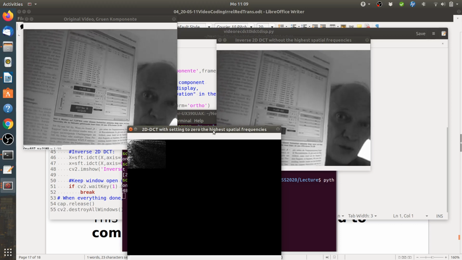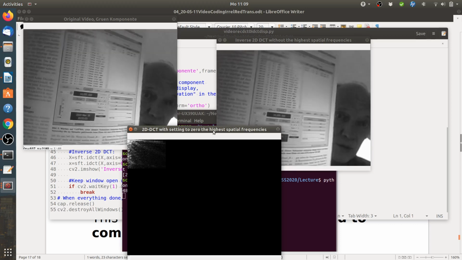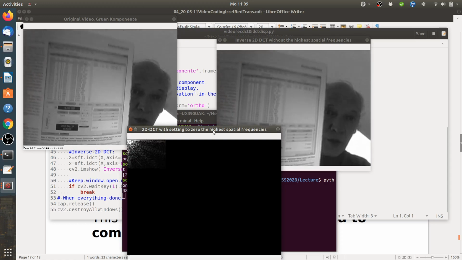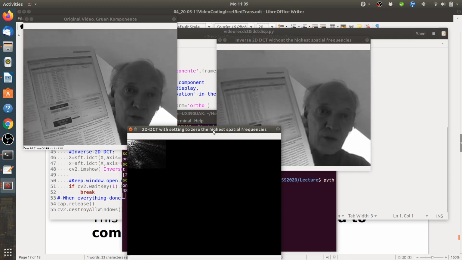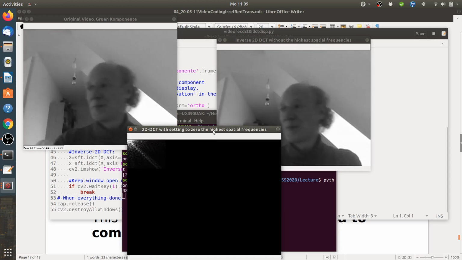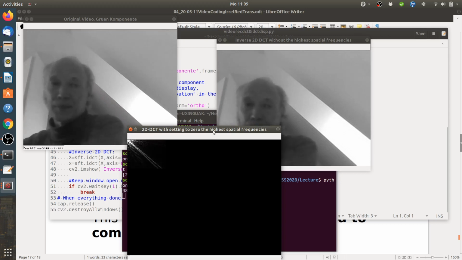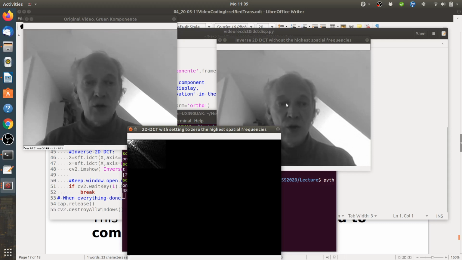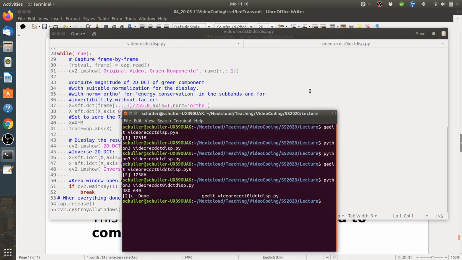So in the reconstructed, it's fairly unsharp. And that's because, as you can see in this 2D spectrum, the high frequencies that would be there are set to 0. So the reconstructed looks somewhat unsharp, and that's the result of this low pass filtering.